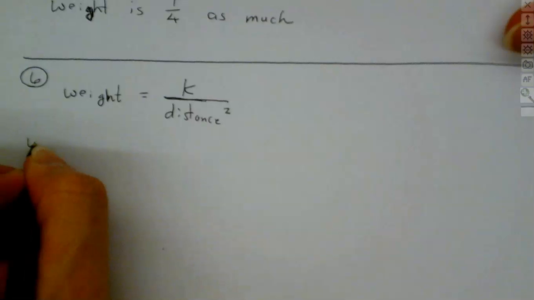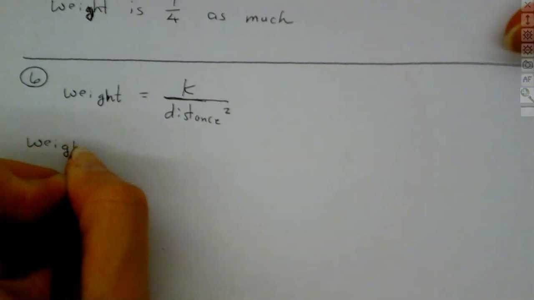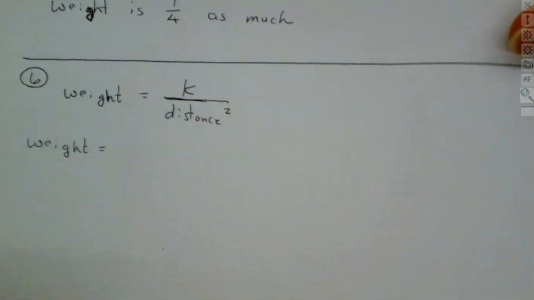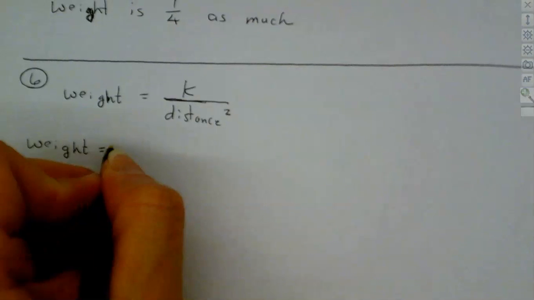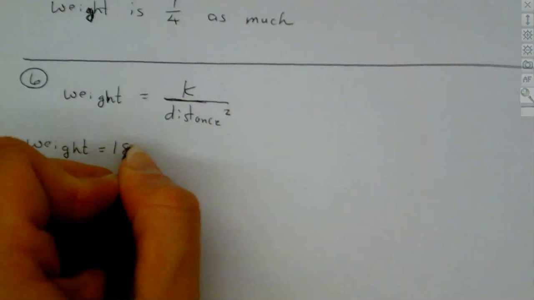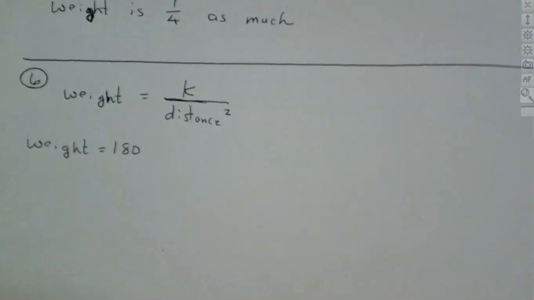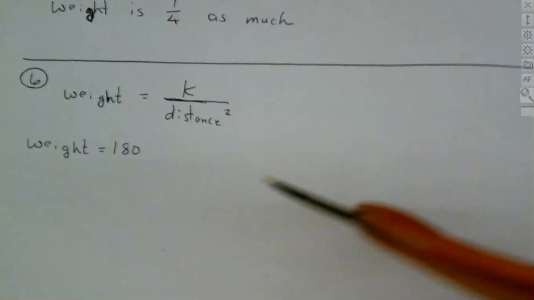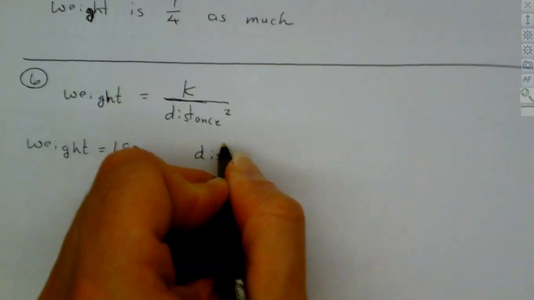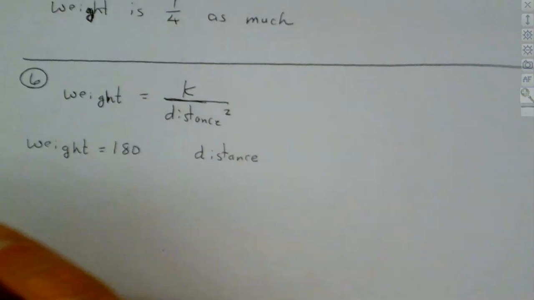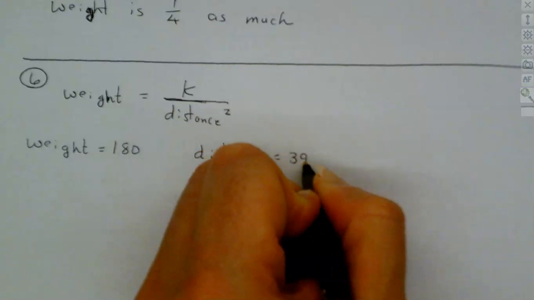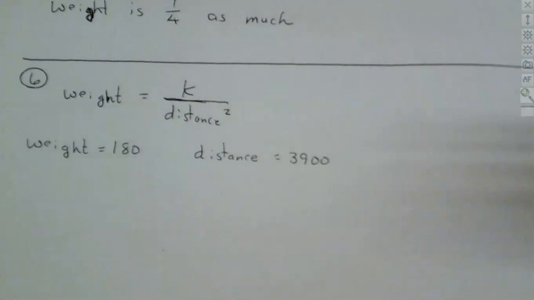So the weight is going to be that 180 pounds, and that person is from the center of the earth a distance of 3,900. Distance to the center of the earth is the radius, which is that 3,900.